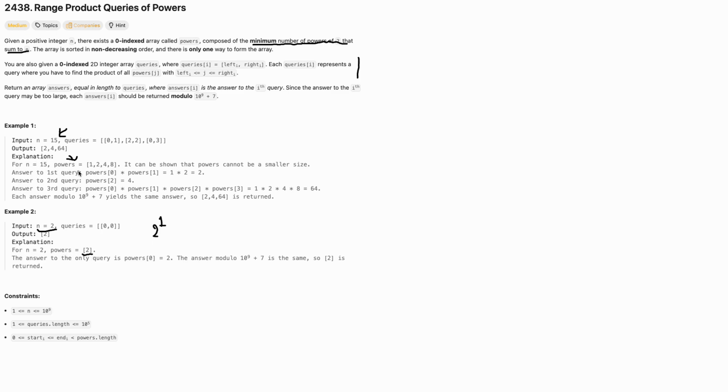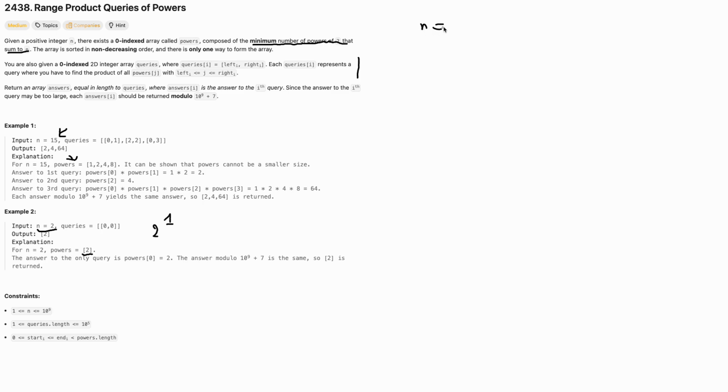However, in this case, we can represent 15 using 1, 2, 4 and 8, right? Because the powers are different from case to case, how can we find the powers array? We need to rely on an intuition and observation: the bit representation of n.